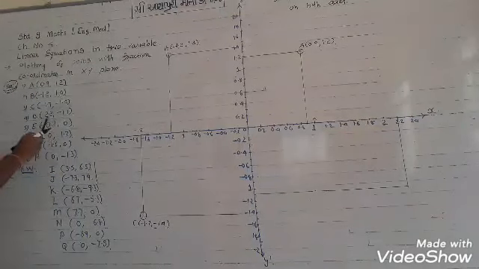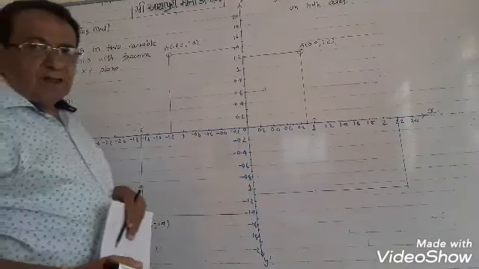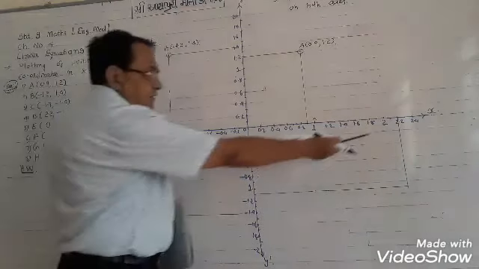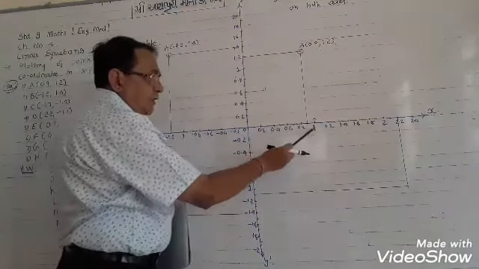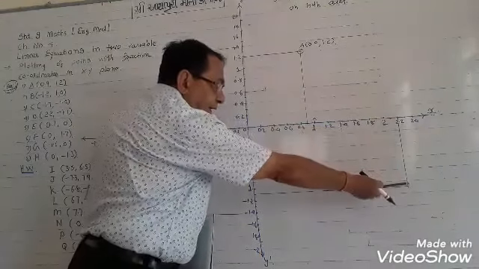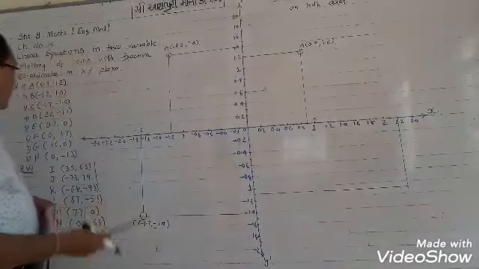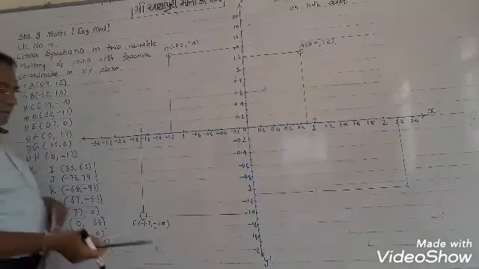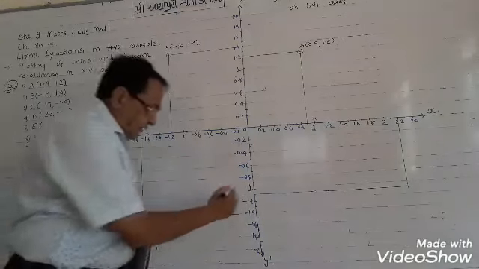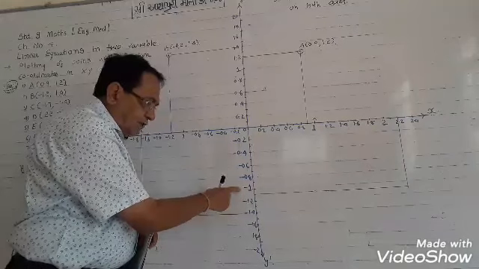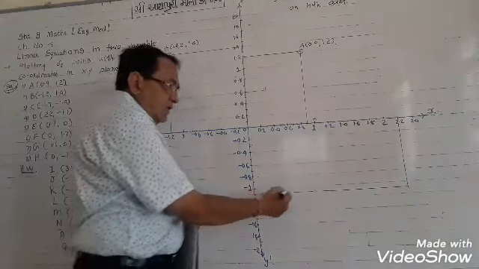Now D, 2.2 and minus 1.1. Where is 2.2? It is here: 1, 2, and that is the 2.2 vertical line. And the second one is minus 1.1, which lies between minus 1 and minus 1.2, the horizontal line.